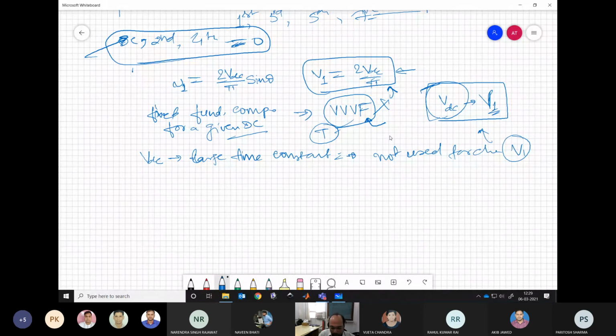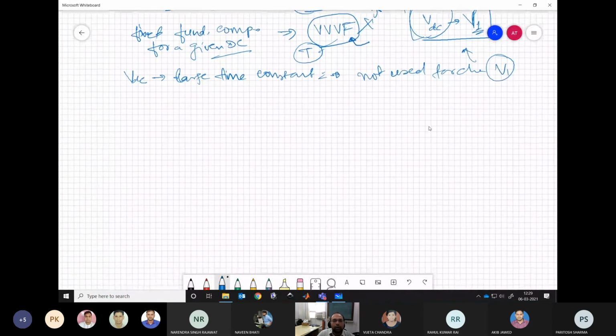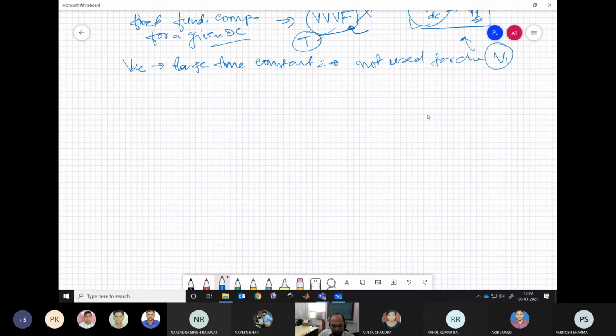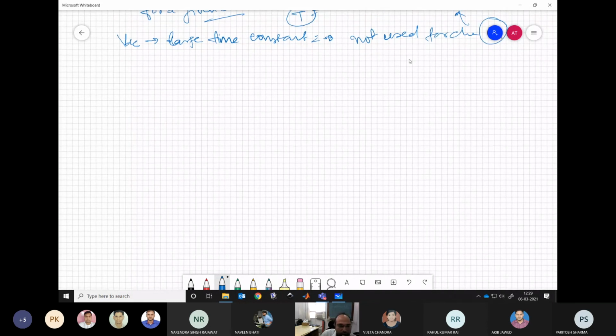So then what should we do? We should have some degree of freedom in our PWM waveform itself, which will allow us to change the fundamental component at least. So let us say, by some intuition, I introduce a notch in the waveform which I drew earlier.